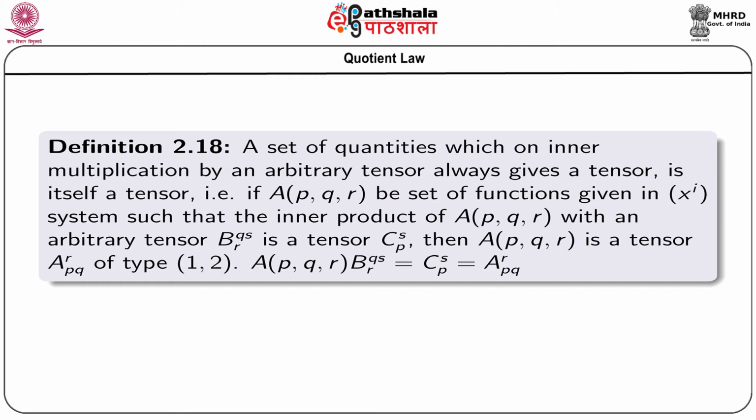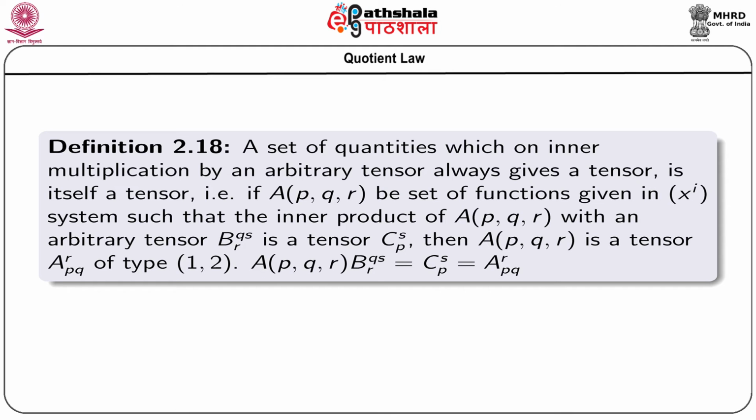That is, suppose A(p,q,r) be a set of functions given in the x^i coordinate system such that the inner product of A(p,q,r) with an arbitrary tensor B(q,s,r) is a tensor C(s,p), then A(p,q,r) is a tensor A^r_pq of type 1, 2.